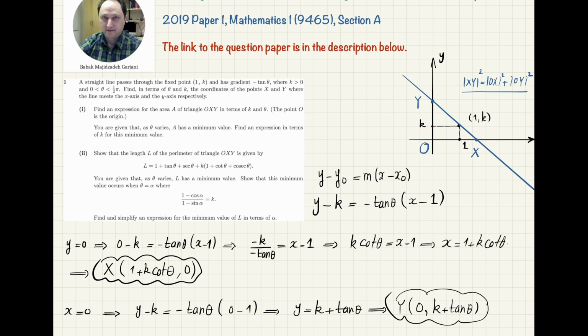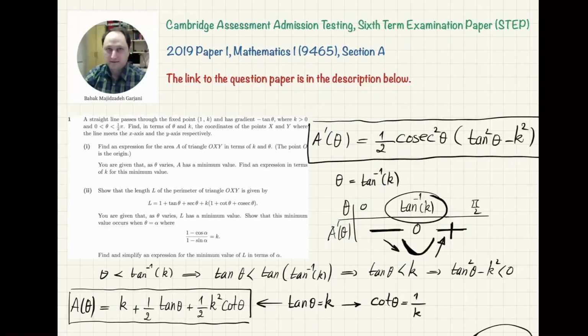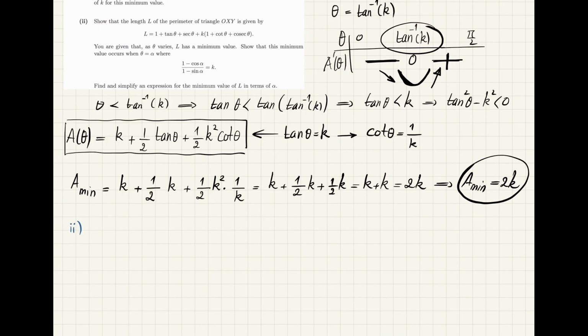Okay, but I would need these expressions on the next page, so let me take them with me. This is the OX value. Remember, this is my OX value. Let me write it here. OX is equal to that, the length of OX.